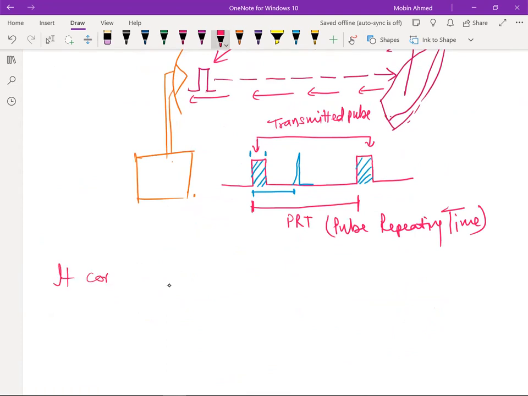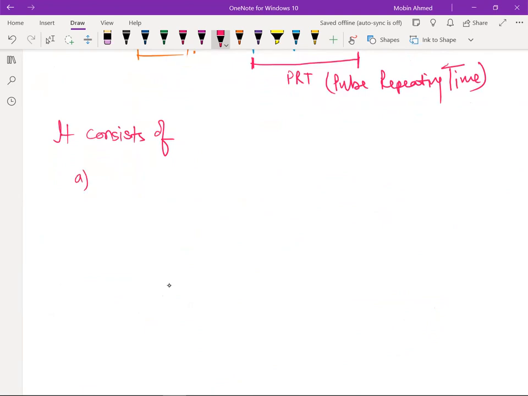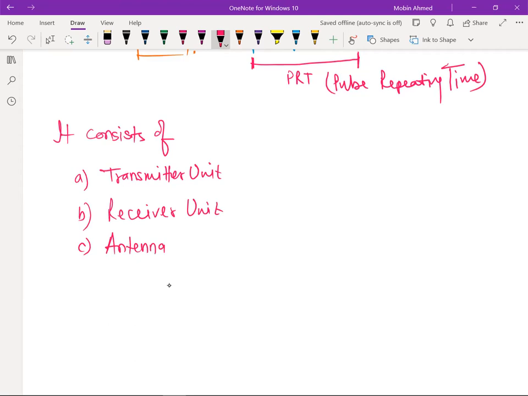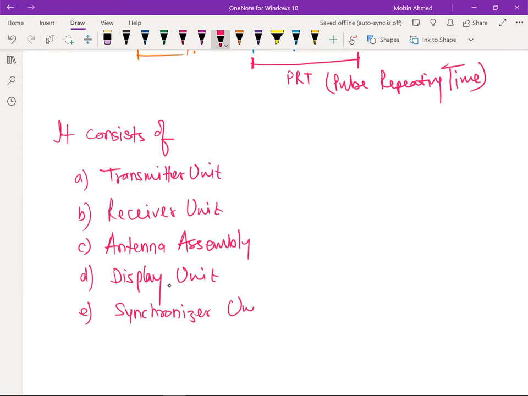Now it consists of a transmitter unit, receiver unit, antenna assembly, display device or assembly, display unit, there is a synchronizer unit, and F is the power supply unit.